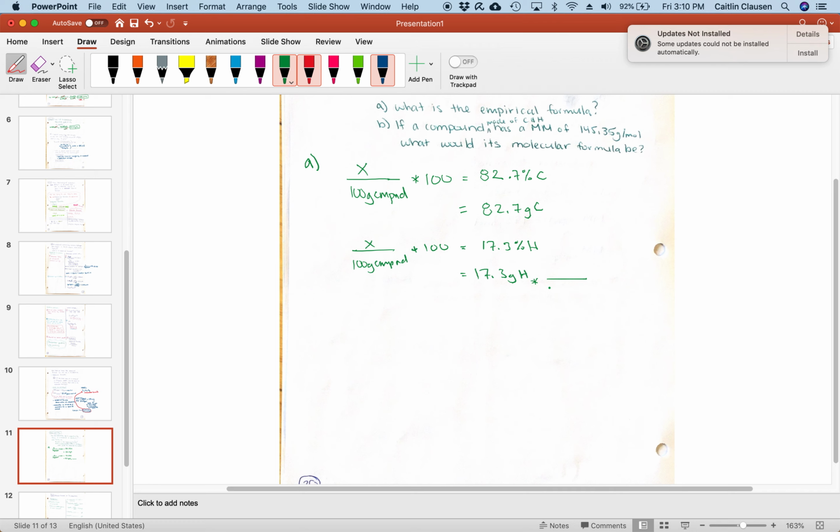Periodic table, I want grams on the bottom. 94 grams of H, moles of H, .011 grams of carbon, 1 mole of carbon. That gives me moles, and then we're done with step 2.